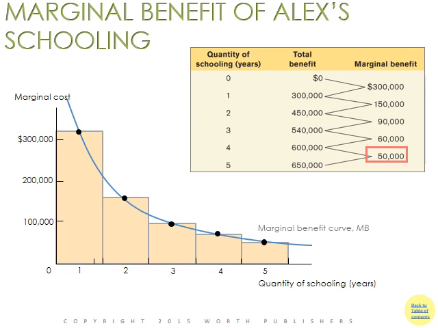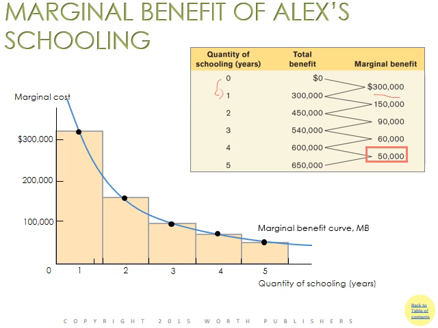And in this graph, we see that the first year of schooling yields an additional $300,000 in incremental benefits over our work life.